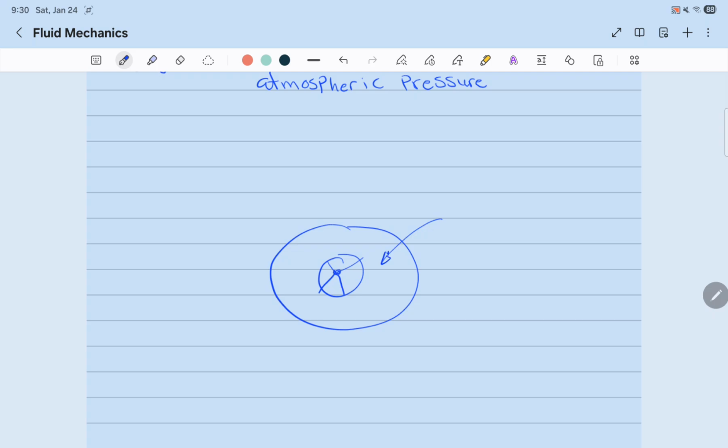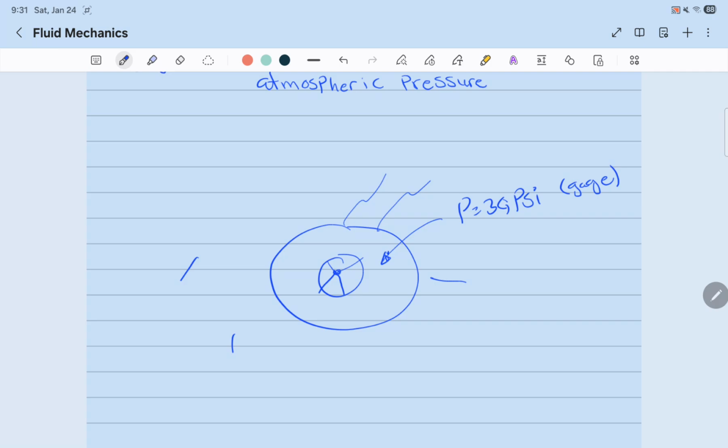The pressure in that tire here is 30 psi. Okay? That's the gauge pressure, because it's not taking into consideration the outside pressure.